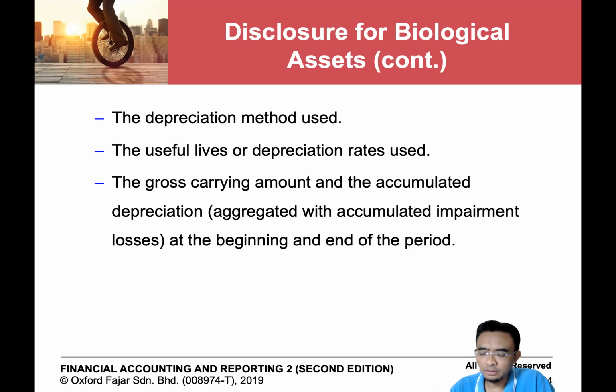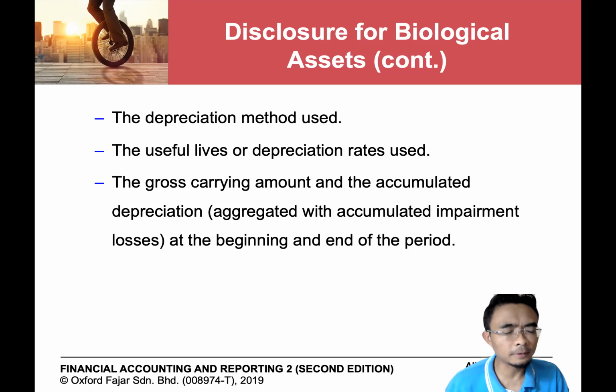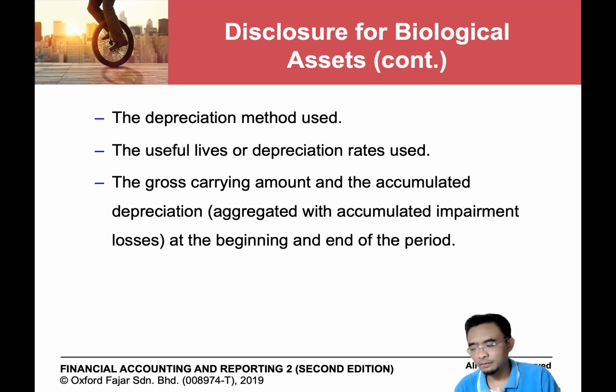Once you have harvested the fruits or the seeds, the plant cannot bear the fruit anymore. Tak macam pokok durian tu, atau pokok mangga ke, pokok rambutan ke. Once you harvest the fruits, it will grow the fruits again.